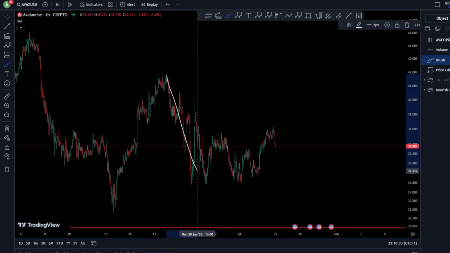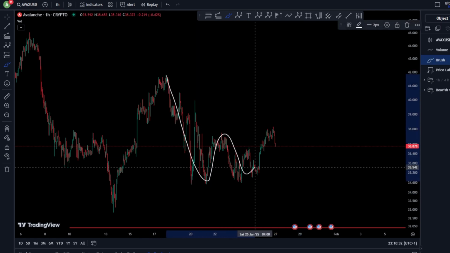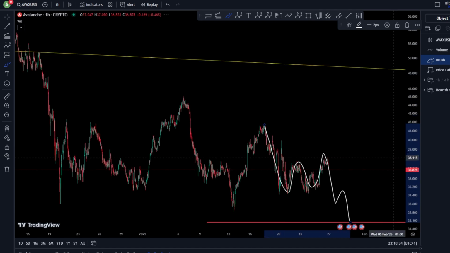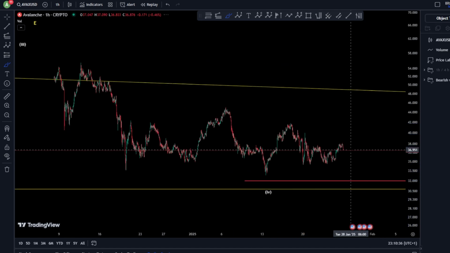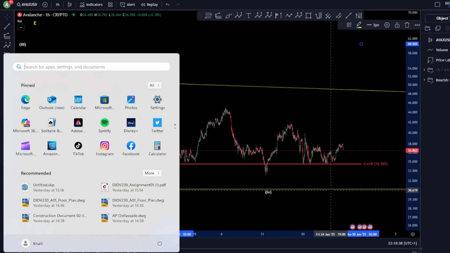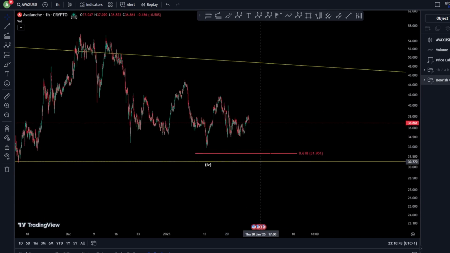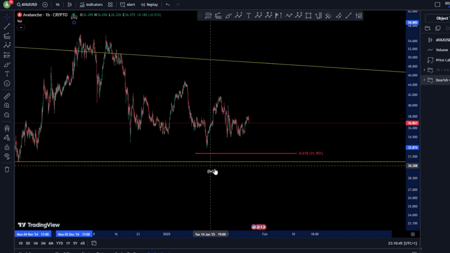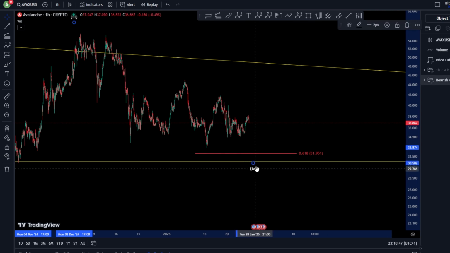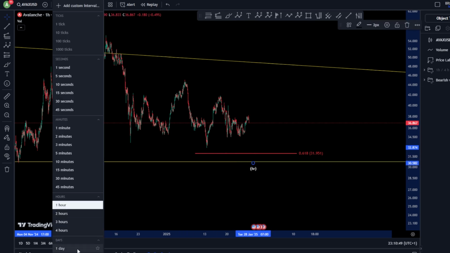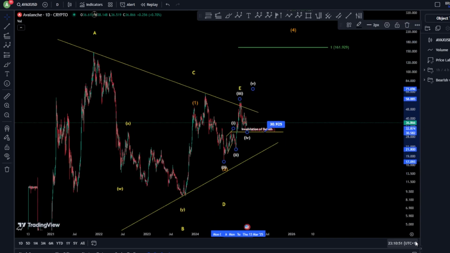However, this can be a W, X, and a Y, probably for lower prices. If the invalidation point was taken at the $30, we cannot call this a wave 4 anymore, and we have to move on with a bearish scenario.